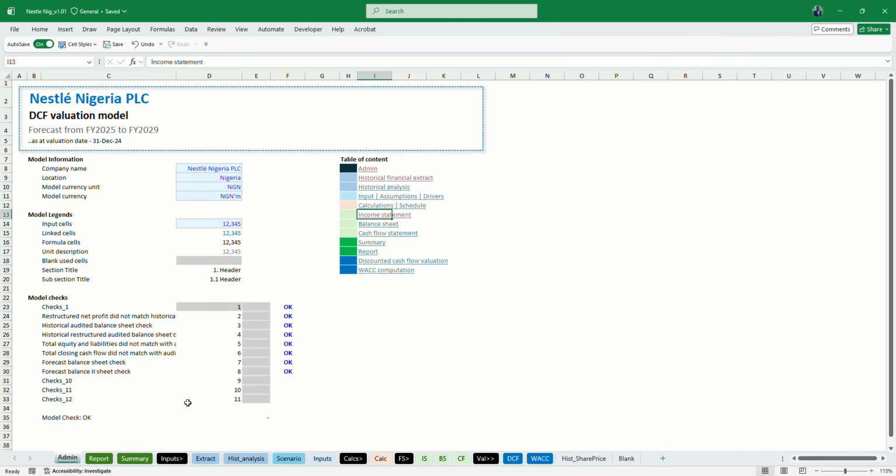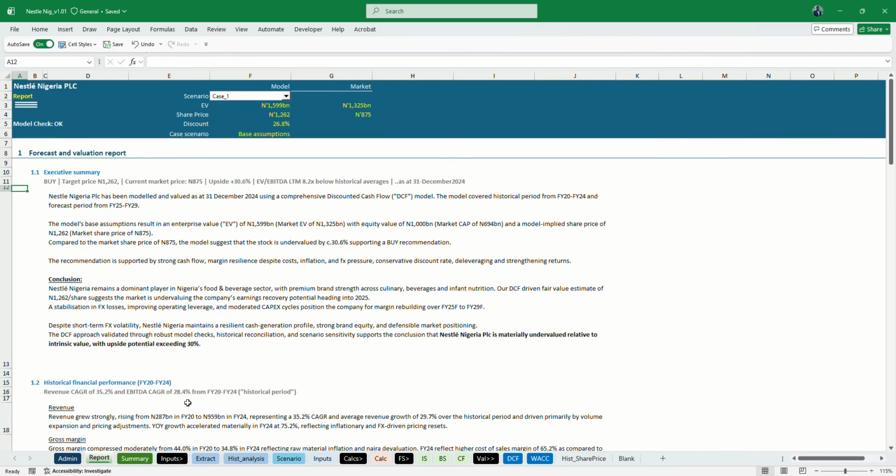Your user might not have time to go through each of the worksheets, but the kind of reports we create really make it interesting. So now this particular worksheet, you can see forecasts and valuation reports.